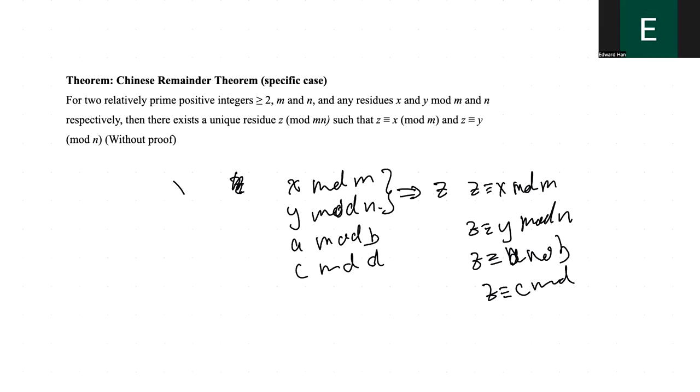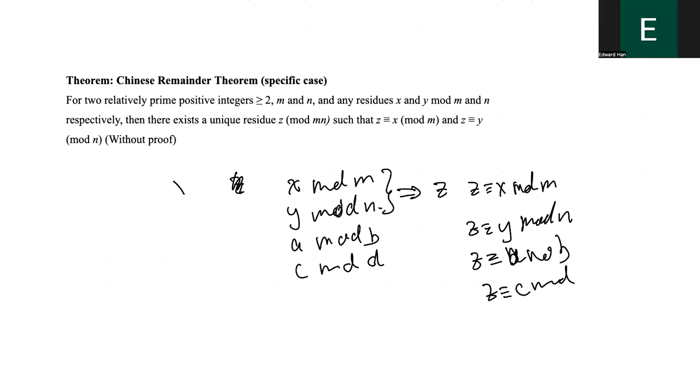So, in case you want to know, you can search up the Chinese remainder theorem, and you can search up the proof. We're not covering the proof because it's also going to make this lesson too long.